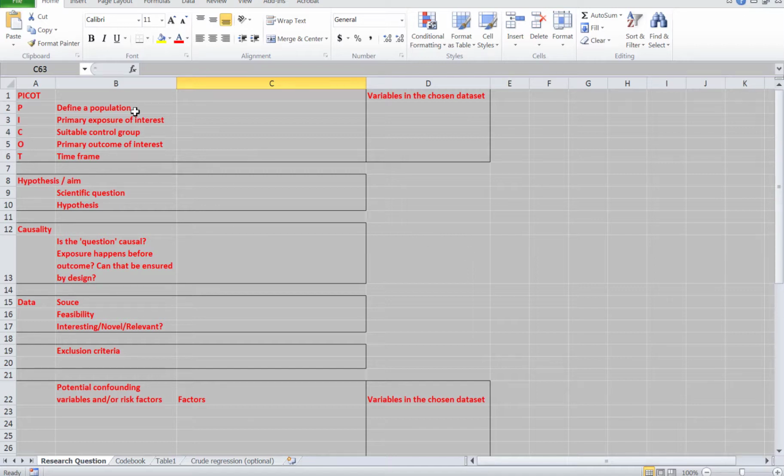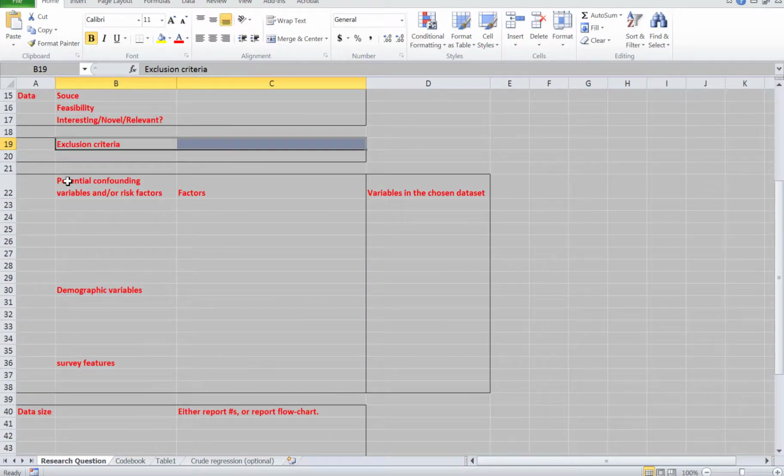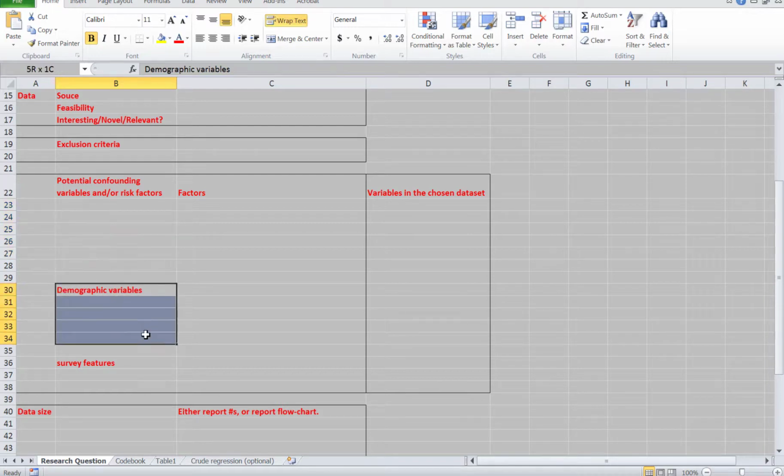So in here also you are going to report your PICOT, your hypothesis, whether you think this is a causal analysis or association analysis, your final criteria, what are the exclusion criteria. You need to think really hard about your exclusion criteria. What are the variables that are potential confounders or risk factors? What are the demographic variables?